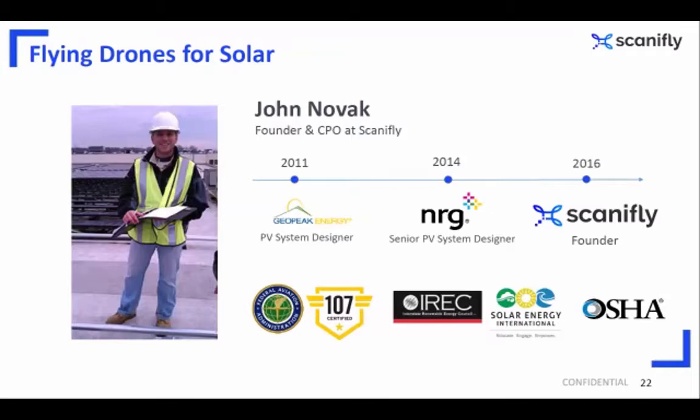After experiencing a lot of the solar inefficiencies firsthand, he left to found and build Scanifly. John is OSHA and IREC trained and has a Part 107 drone pilot license. He also has a background in landscape architecture, horticulture, and GIS. So when it comes to understanding all of the aspects of solar and drones and putting it together to maximize imagery, I think John is the perfect person to walk us through these next items. So John, I'm going to turn it over to you.